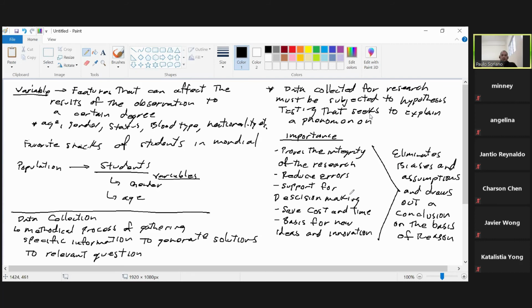Proper data collection and processing eliminates biases and assumptions and draws out a conclusion on the basis of reason. There is a reason why people are going to believe your statements, because you have properly backed it with credible data. You understand this? You get the importance of it?